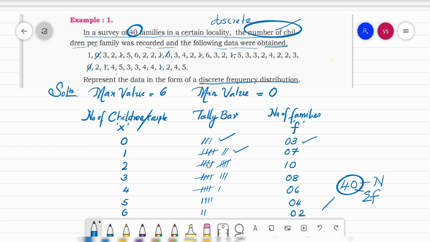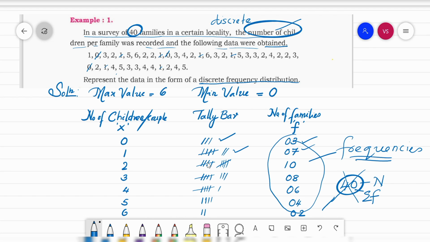So these are very important for us, students. These values are the frequencies. Whenever we are making it, these values should be correct. The total is not important, by default you will get 40. That is not a problem.